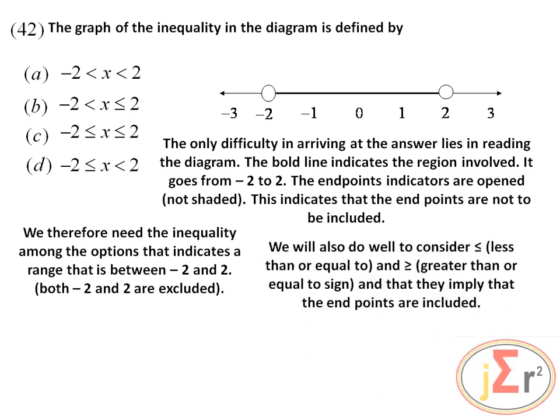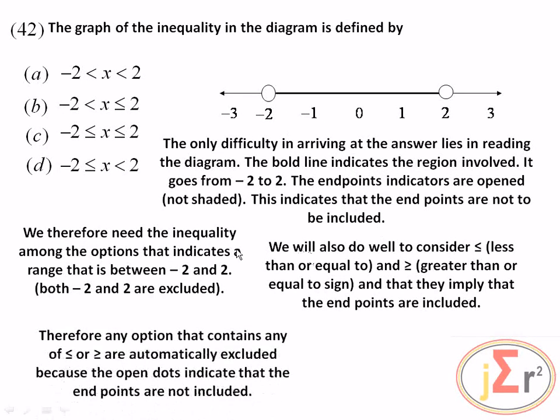We will also do well to consider the less than or equal to sign and also the greater than or equal to sign, and that they imply that the endpoints are included. So in the event that we have any representation that has these signs, this means that the point involved is included. But according to what we have here, they should not be included.